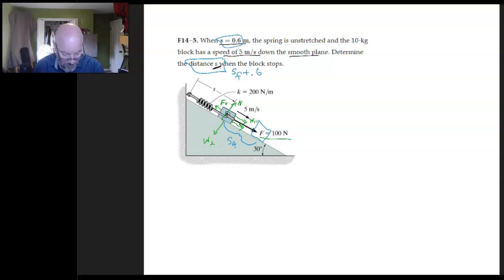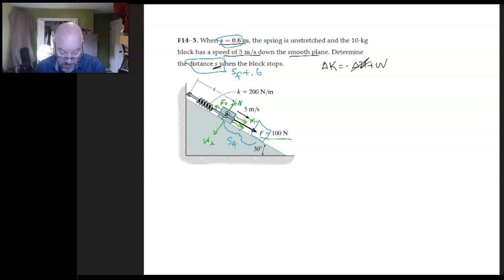Okay, so set up our master equation again. And I think this is going to be easier to work by thinking about the parallel component of gravity on the plane rather than potential energy. So we'll just do it that way. We won't worry about that term.